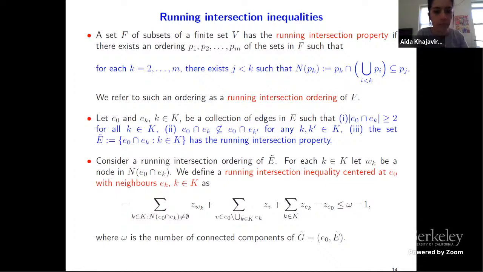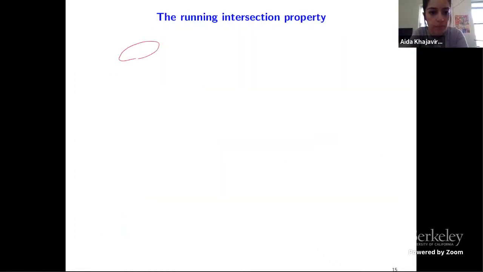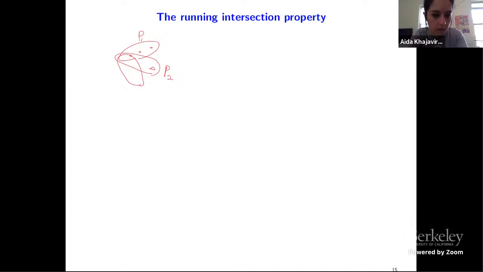All right, here it is. Remember, I call those guys PIs, so I use the same notation. Let's say I have P1, P2, P3. They all intersect in this one node. Then P4, P5. It's also, I should say, a multi-set. It doesn't matter, but you can have identical elements.